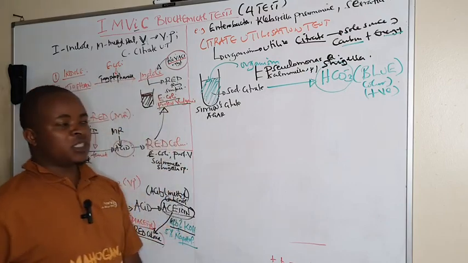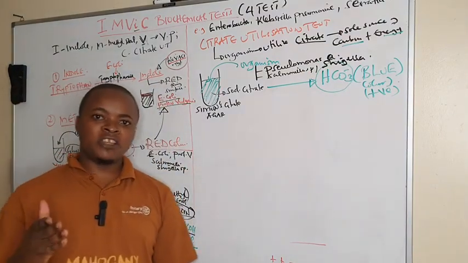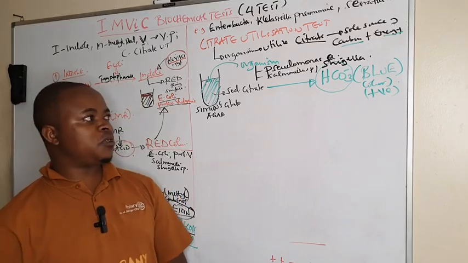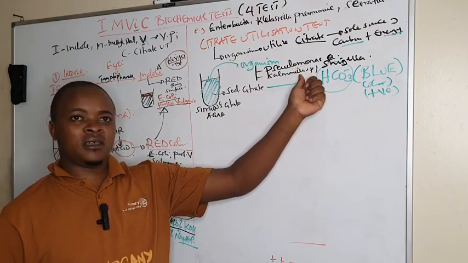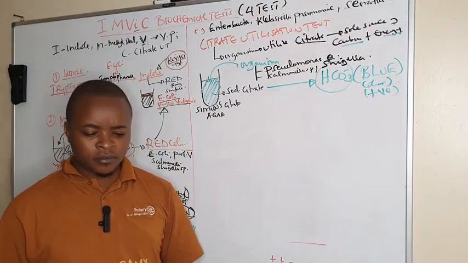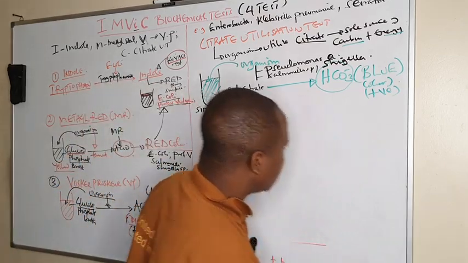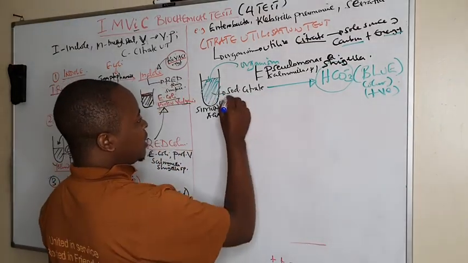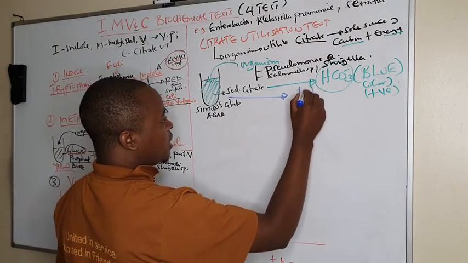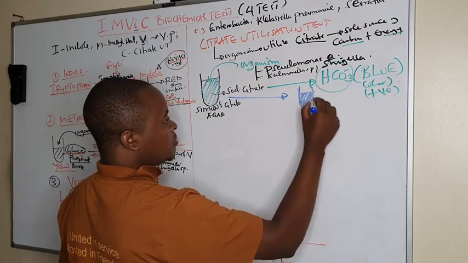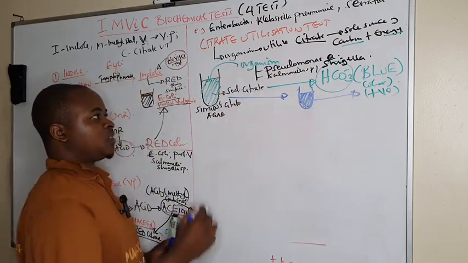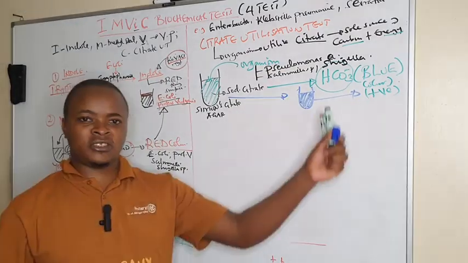So organisms here which are citrate utilization positive, which produce the blue color, are Pseudomonas, Salmonella, and Shigella. So if you have your broth, it was green, but at the end of the reaction, it turns blue. This indicates a positive test with either Pseudomonas, Salmonella, or Shigella.